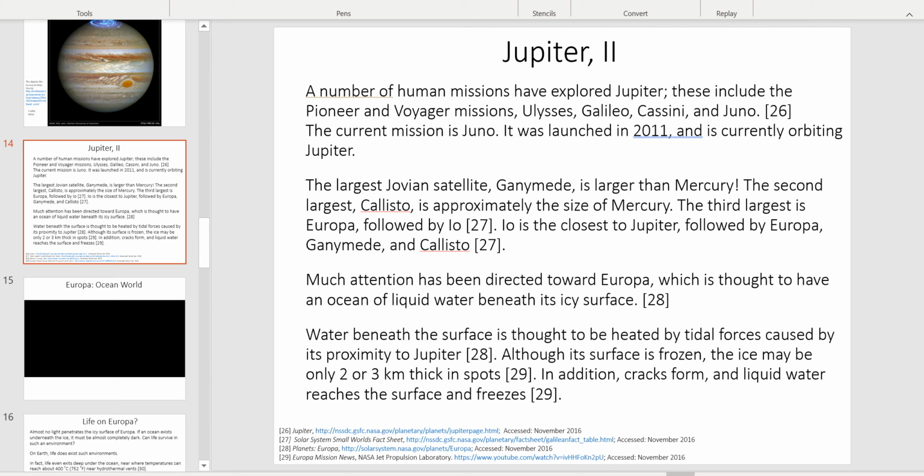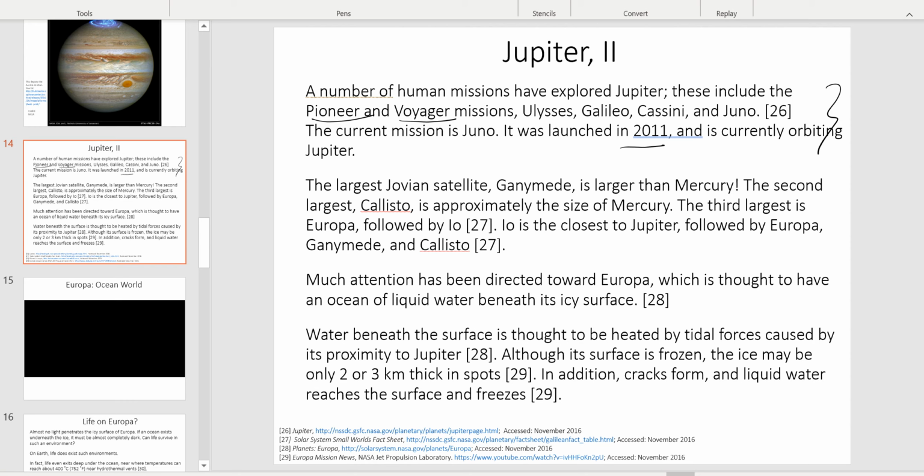As I mentioned earlier, one of the themes in this course is to explore the missions that we've sent, and we want to apply that to Jupiter as well. We've sent a number of missions, including the Pioneer and Voyager missions, Ulysses, Galileo, Cassini, and Juno. Juno is the most recent mission, and it was launched in 2011.